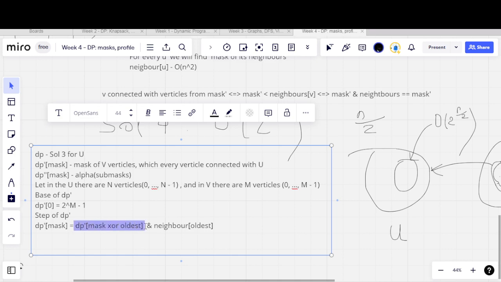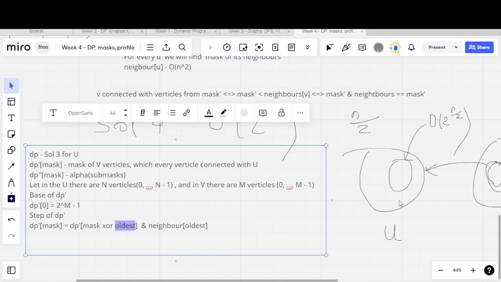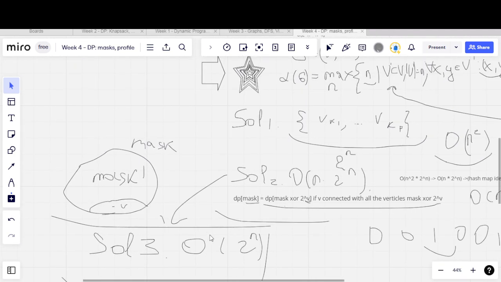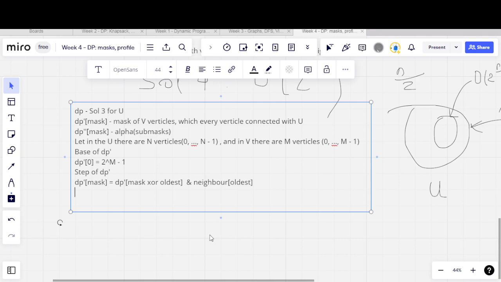We don't include our oldest vertical, and then we include it, and we get mask like we do in the previous solutions.